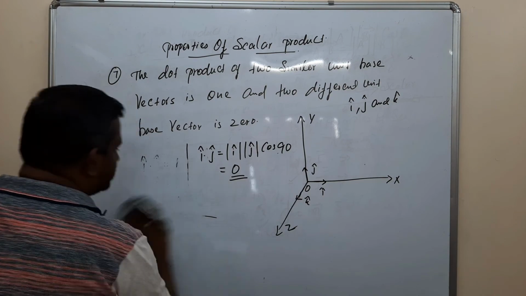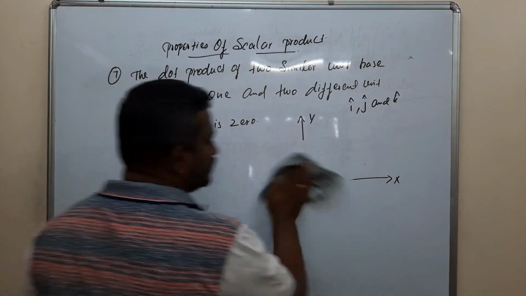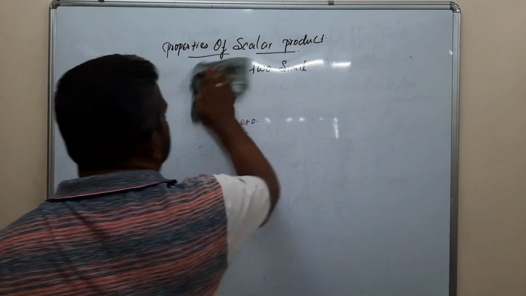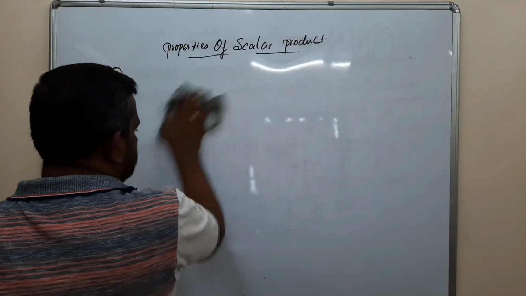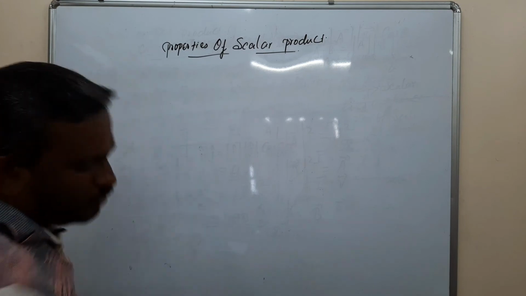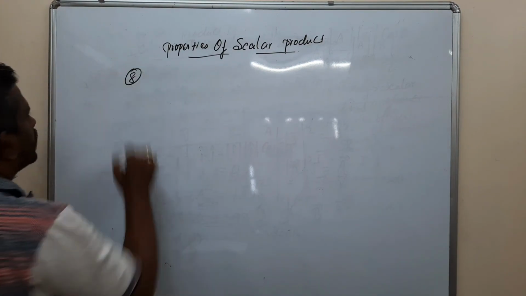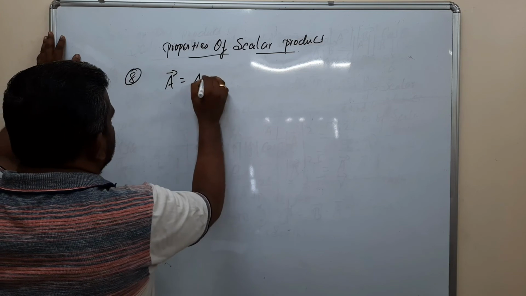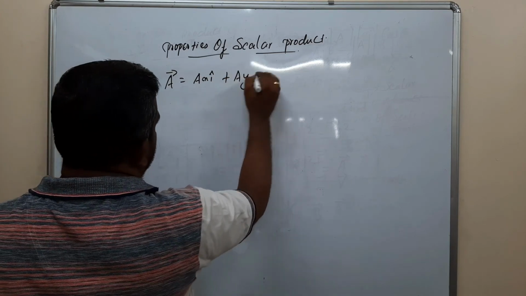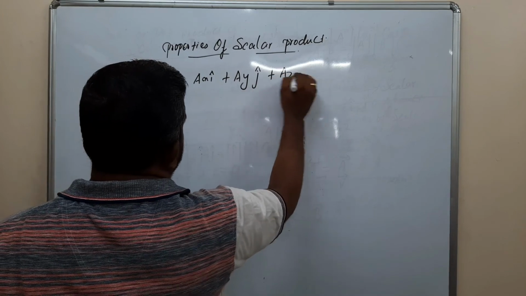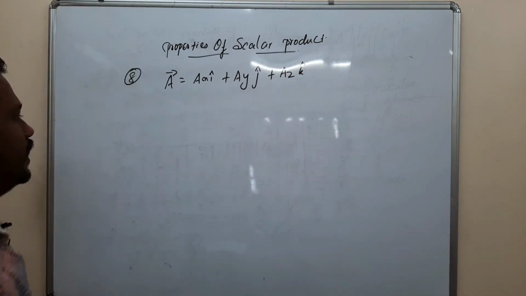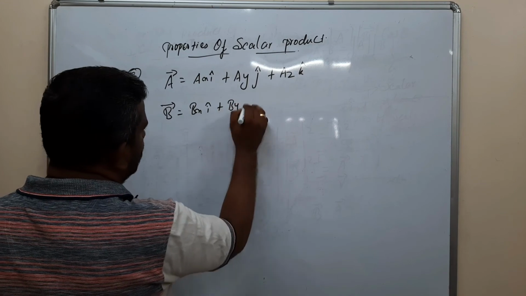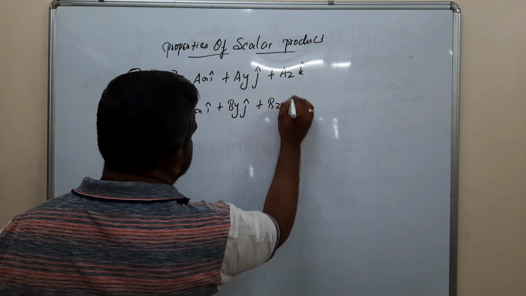The next point: if a vector is represented in rectangular coordinate form, for example, vector A is equal to Ax i cap plus Ay j cap plus Az k cap, and vector B is equal to Bx i cap plus By j cap plus Bz k cap.